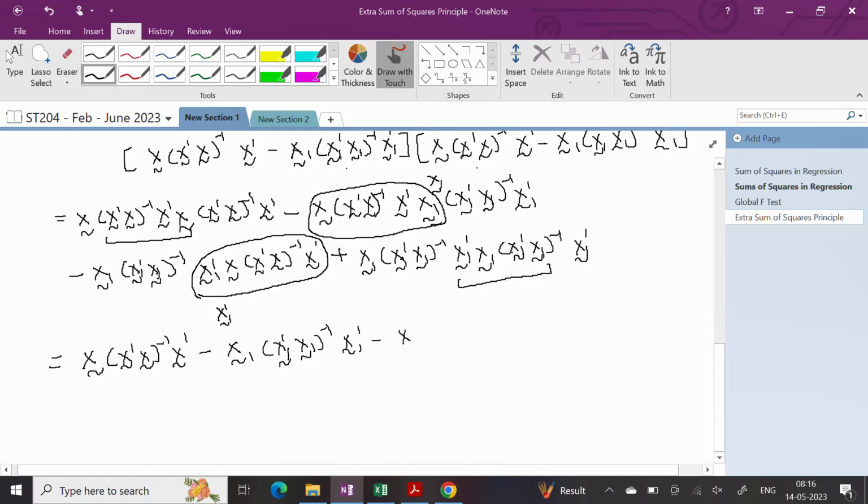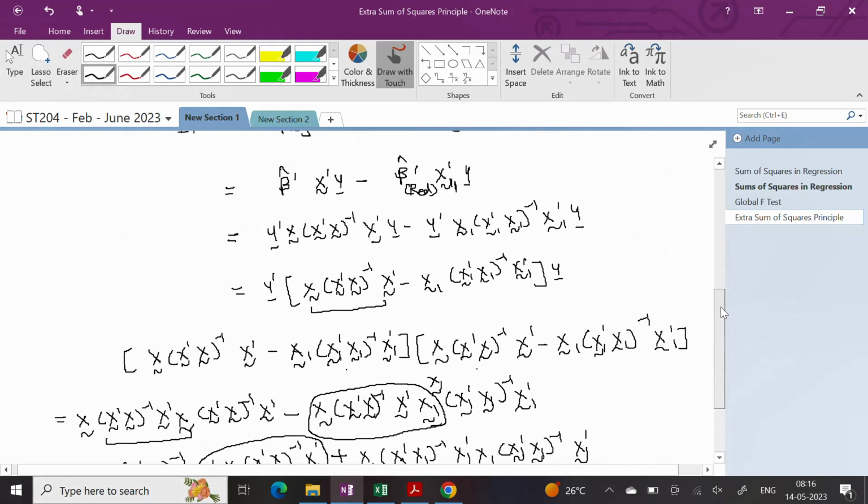Then I have minus X1 prime X1 whole inverse X1 prime plus X1 prime X1 whole inverse X1 prime. So this term gets cancelled with this term and I'm left with the matrix with which I started. So we have just now proved that this is an idempotent matrix.